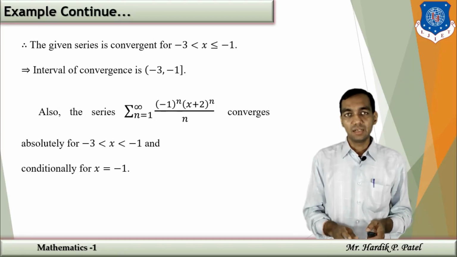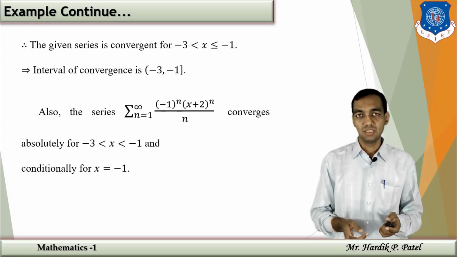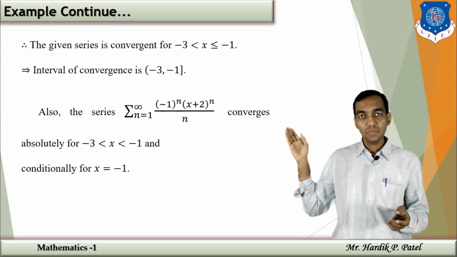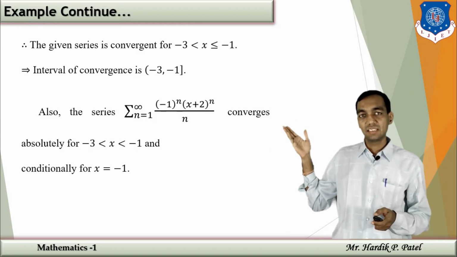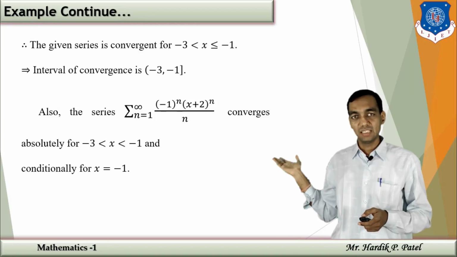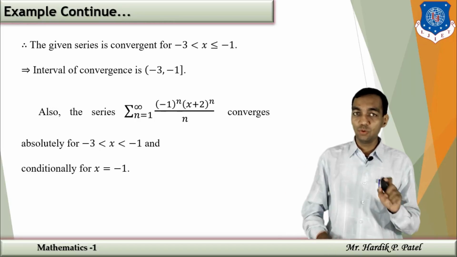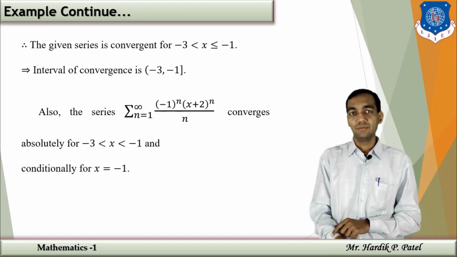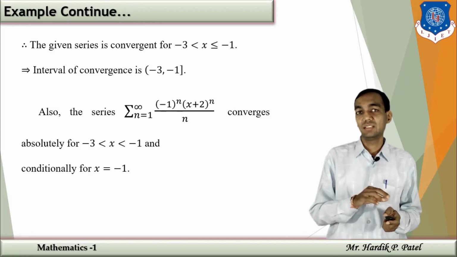Okay. But now we also have to write down the absolute and conditional convergence. We have proved that your series is convergent for the open interval minus 3 to minus 1, and it is absolutely convergent. That's why your series is absolutely convergent for minus 3 to minus 1.